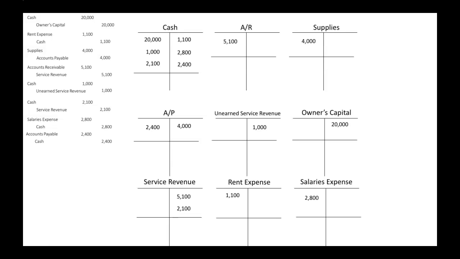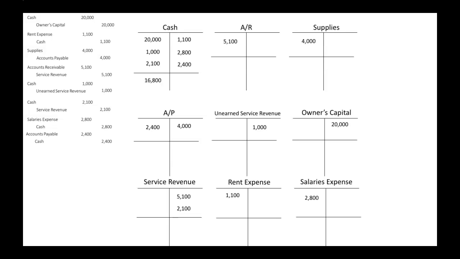So if we take the 20,000 plus the 1,000 plus the 2,100 and then subtract out our 3 credits, so minus 1,100, minus 2,800, and minus 2,400, we're left with a debit balance of 16,800. So that's how much cash you have after the month of April and all of these transactions that happened.